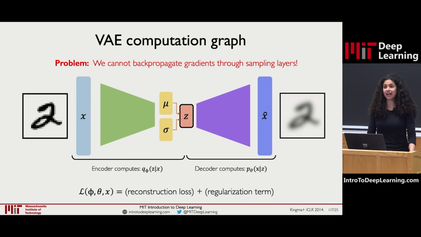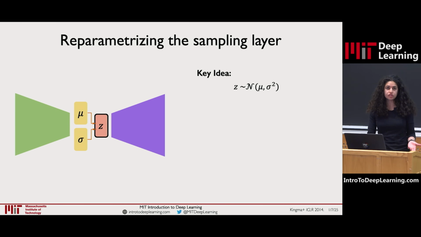The key idea that unlocks the ability to train VAEs is to actually do a clever modification of this sampling operation to allow for training using backpropagation end to end.